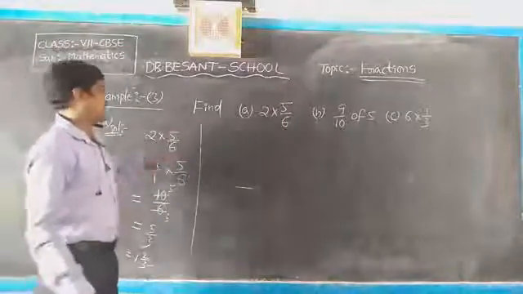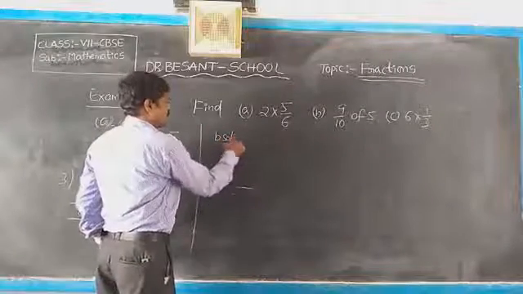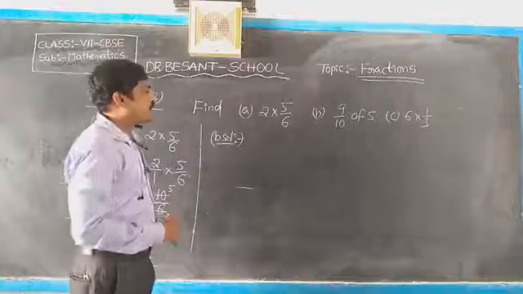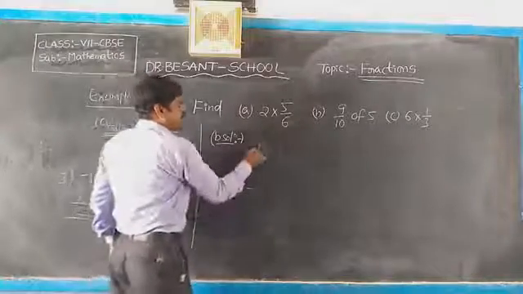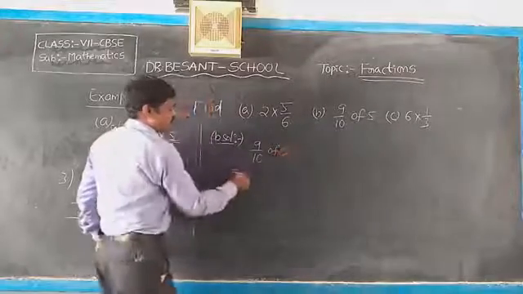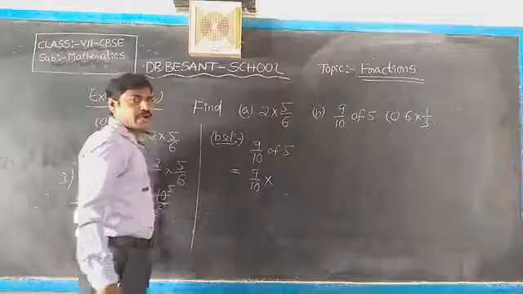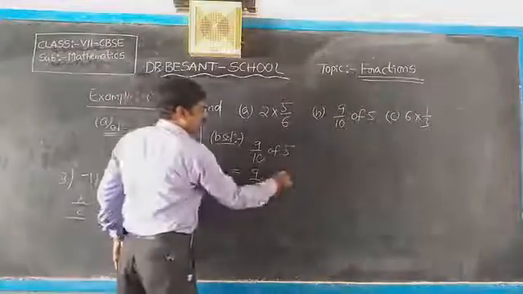Okay. Next, B solution. B, 9 by 10 of 5. That is equal to 9 by 10 of means into 5.